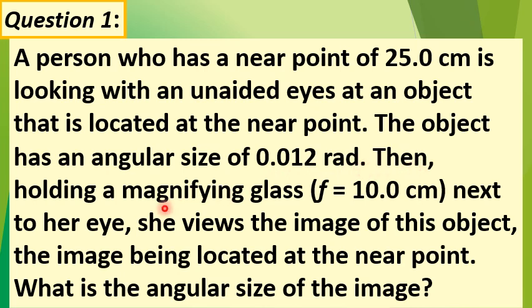Then, holding a magnifying glass whose focal length equals 10.0 centimeters next to her eye, she views the image of this object, the image being located at the near point. Question is, what is the angular size of the image?